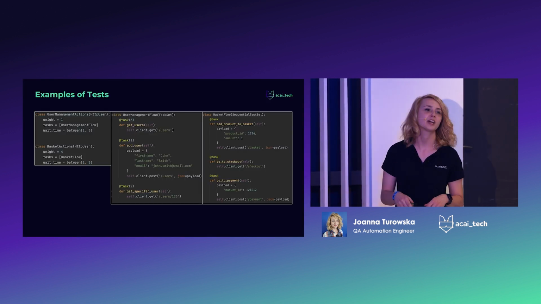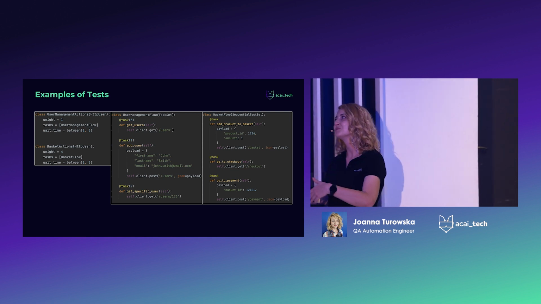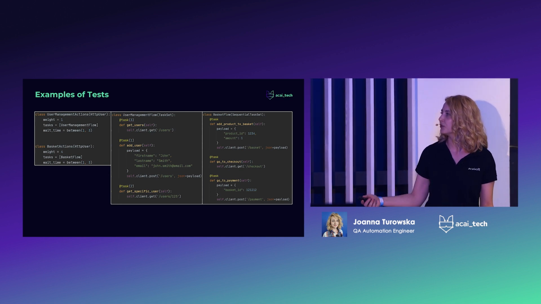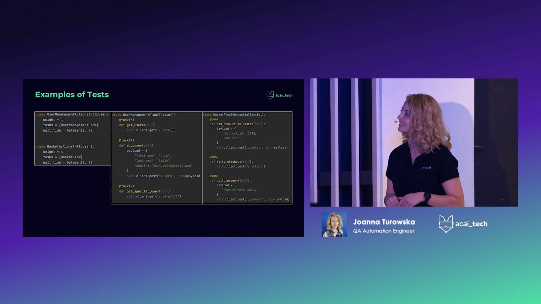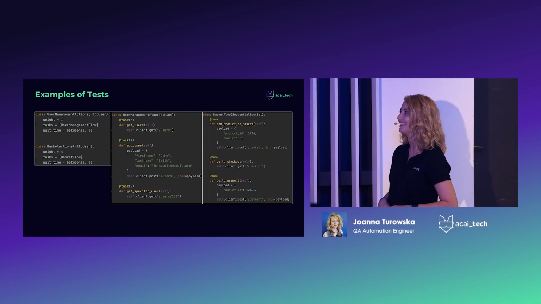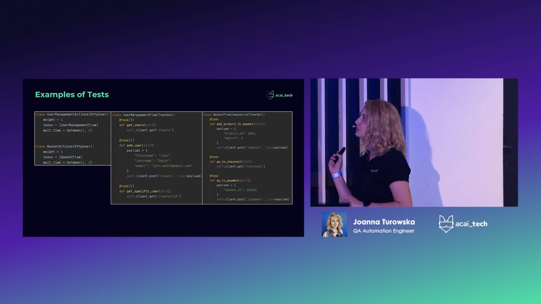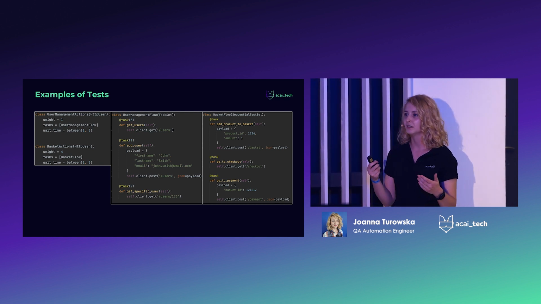Now I wanted to show you a couple of examples of tests written in the Locust framework. As you can see, I think they look quite easy, quite user-friendly. Here the examples are from tests of a REST API.